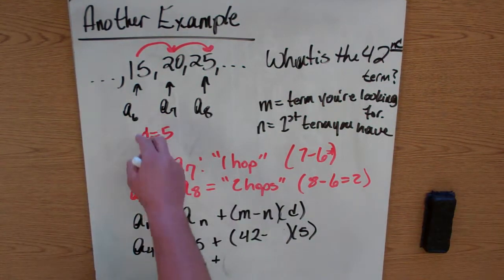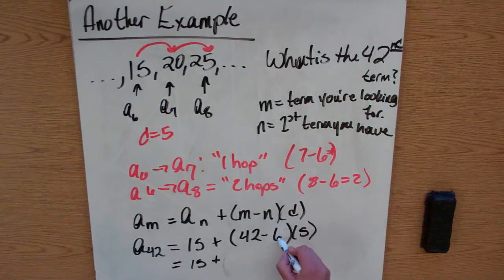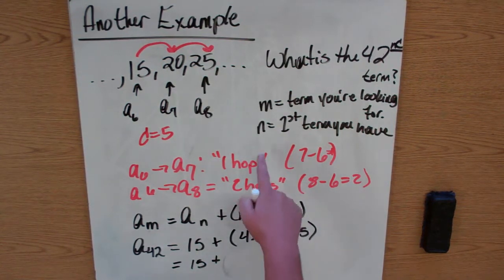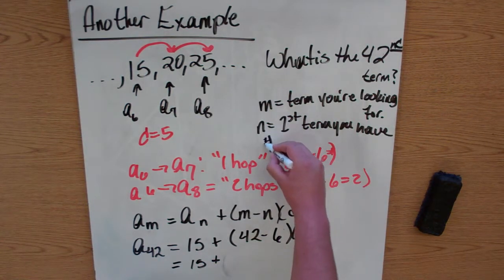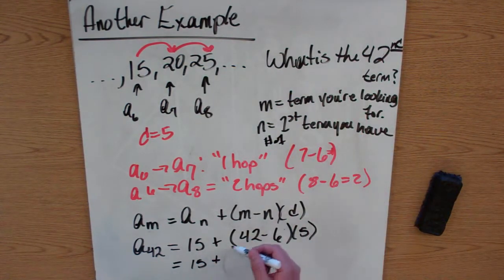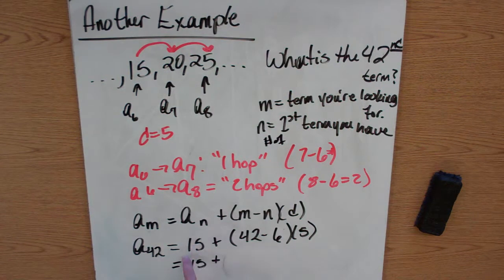The first term we have is our sixth term. Okay, so it should be the number of the first term you have. So A sub N, that's A sub 6. Well, A sub 6 is 15. So here we're going to do 42 minus 6. Sorry about that. And 42 minus 6 is 36.